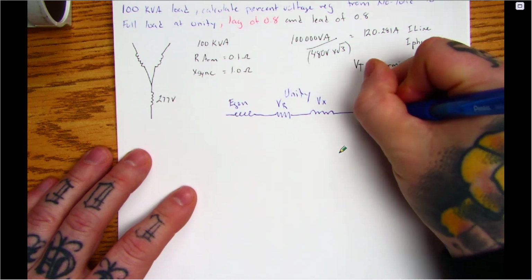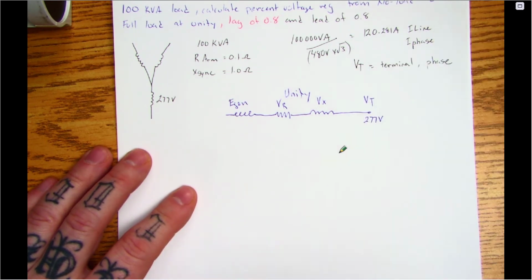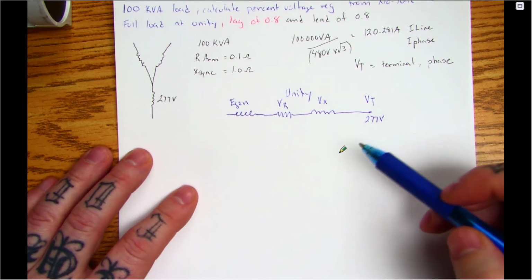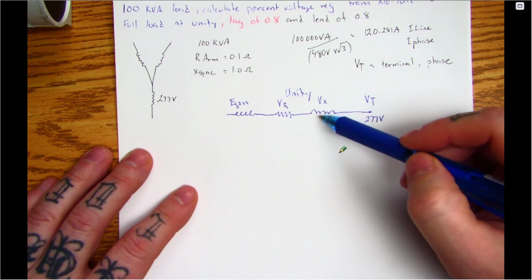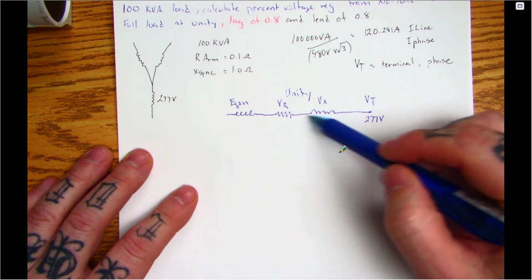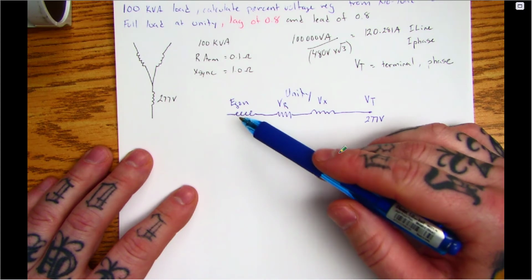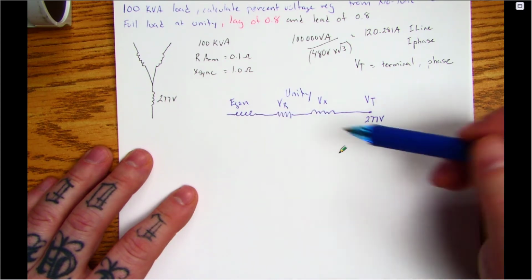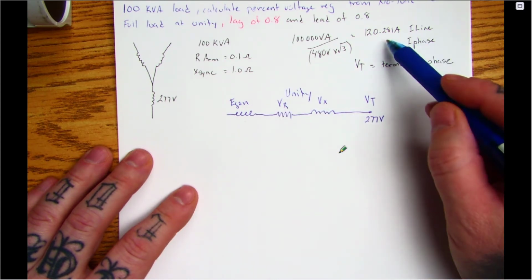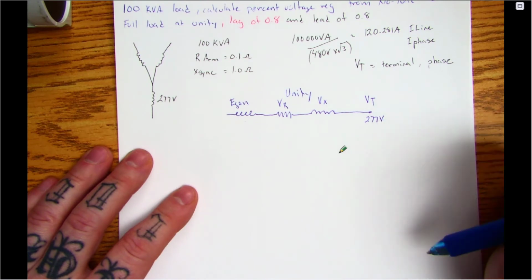Okay, so again, the goal of this is to maintain our terminal voltage. So we want our terminal voltage to be 277 volts, because that's our nominal voltage we need for our equipment. Now, they gave us some resistive values for these, and then we're going to find out what the generated voltage we need is, when there's this much current going through the winding, to maintain that voltage at our terminal.